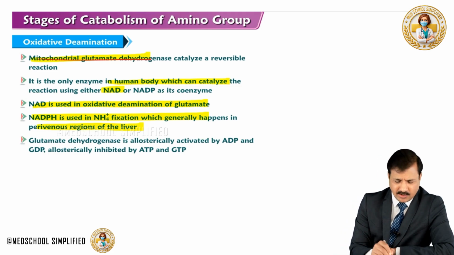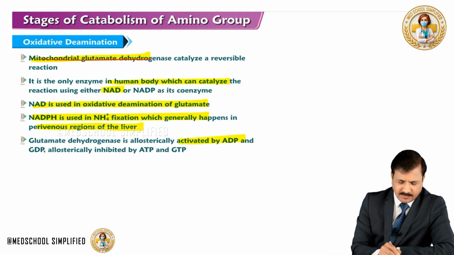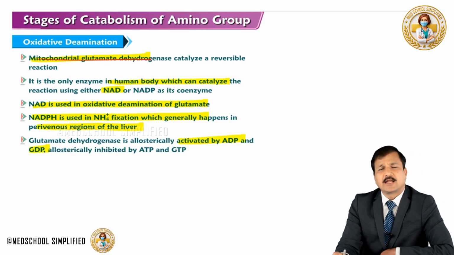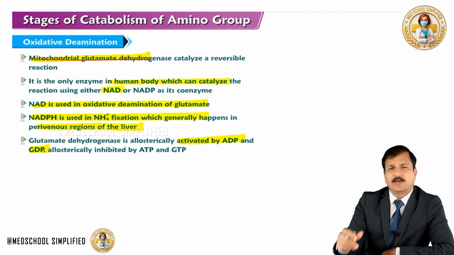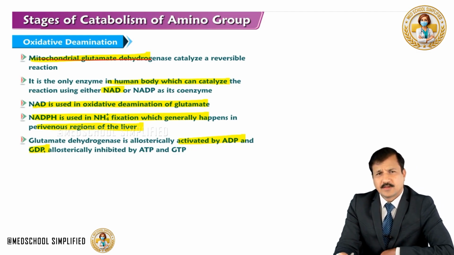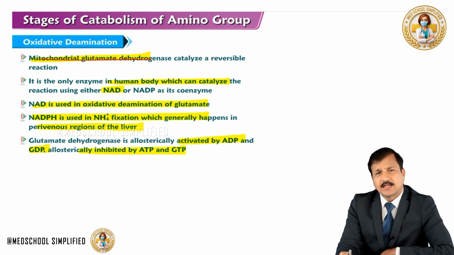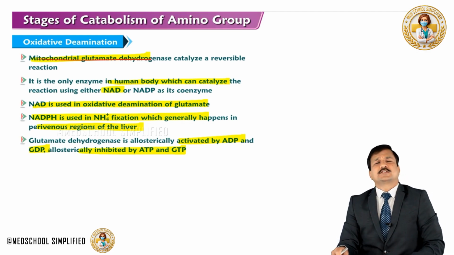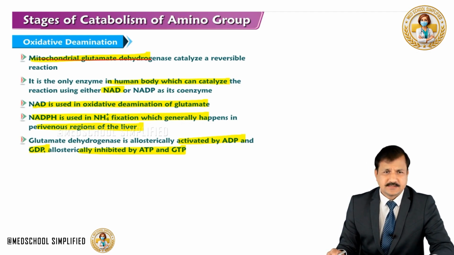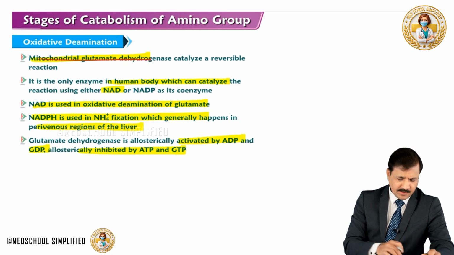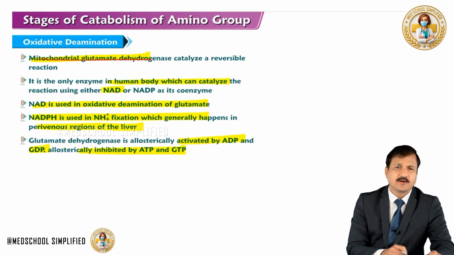Glutamate dehydrogenase is allosterically activated by ADP and GDP, indicating lack of energy status, catabolic conditions, where more and more glutamate might come into the liver. And allosterically it is inhibited by ATP and GTP, indicating a high energy status, where proteolysis might be relatively less. So these are some of the points that you must remember with handling of glutamate.